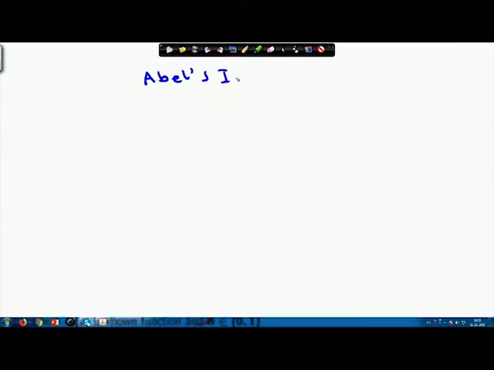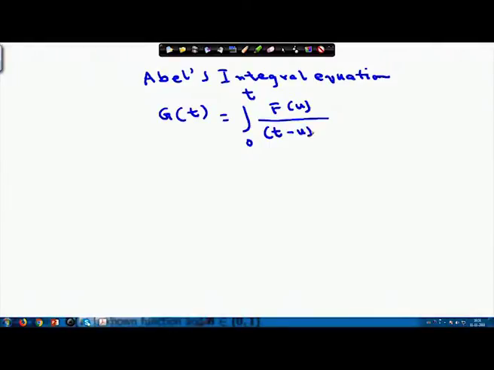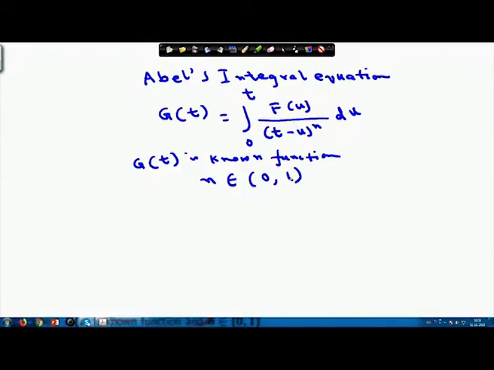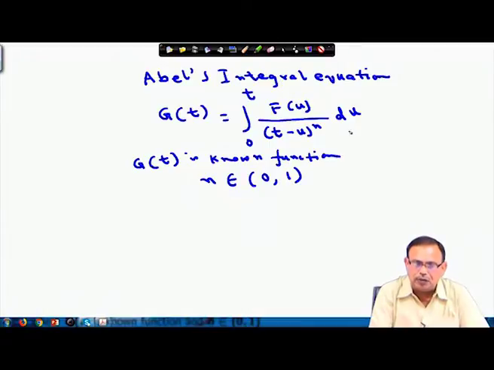Abel's integral equation takes the form g(t) equals integral from 0 to t of f(u) by (t minus u) to the power n du, where g(t) is a known function and n belongs to (0, 1). Please note that in Abel's integral formula, g(t) is a known function and n lies between 0 and 1, and I have to find out the value of f(u).